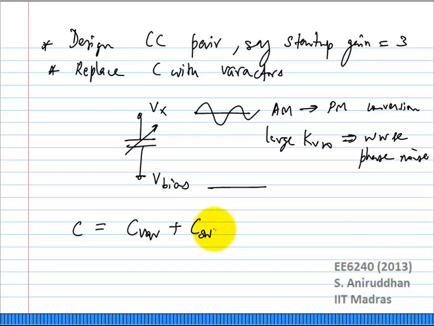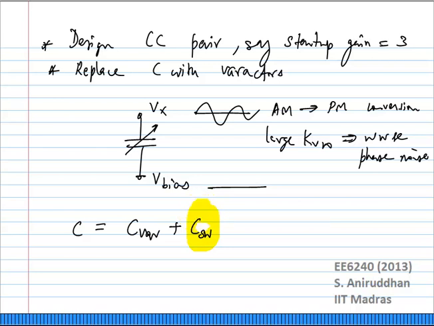However, you can split this into two problems. One is systematic variation due to process. That can easily be fixed by finding some way to tune the switchable fixed capacitance. What you need to tune with the variable capacitance is only the drift of the VCO frequency due to voltage, temperature and other effects. So the way to really solve this problem, the way people have adopted, is to split this into two independent halves.